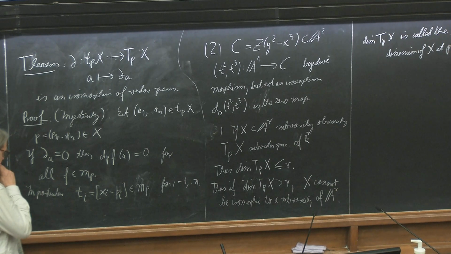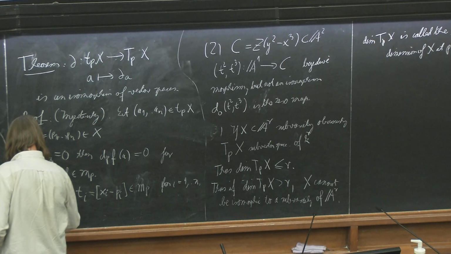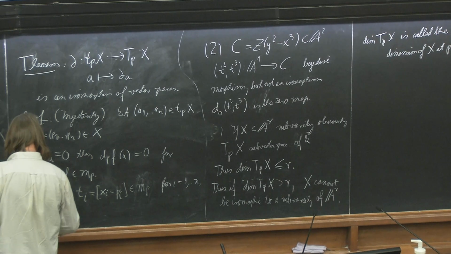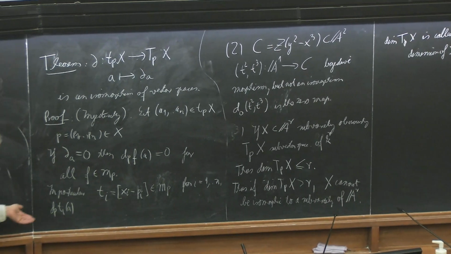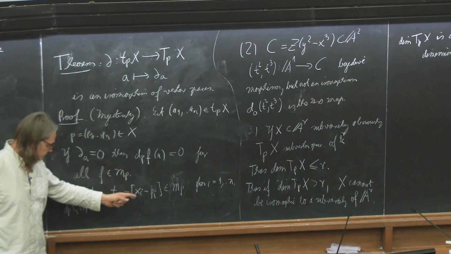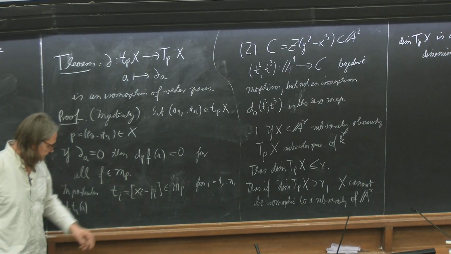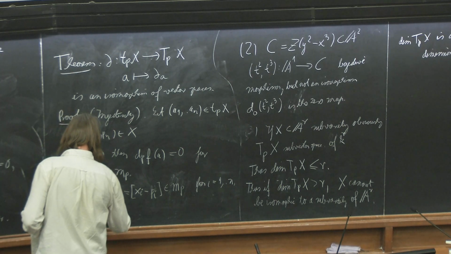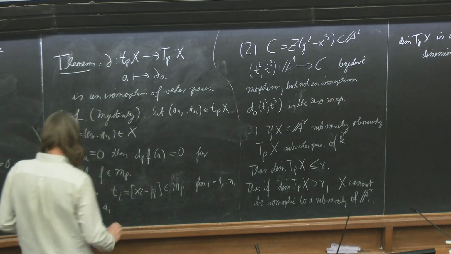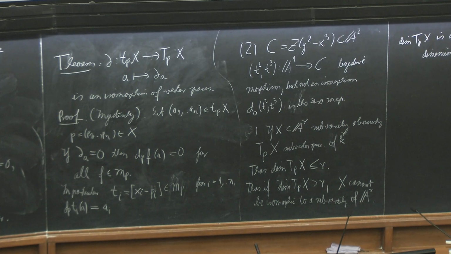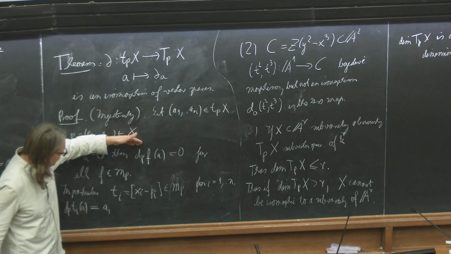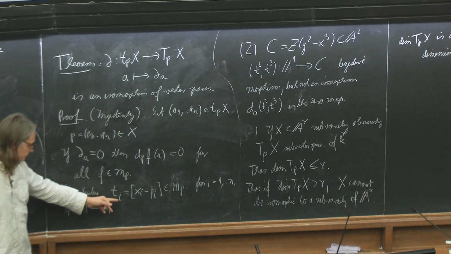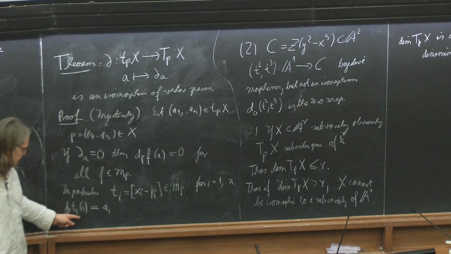And then, what do we have? dP Ti of A is just dF by dxi at 0 of A, and by definition this is just Ai. So if this is 0 for every F, it's also 0 for Ti, and so it means all Ai are 0.